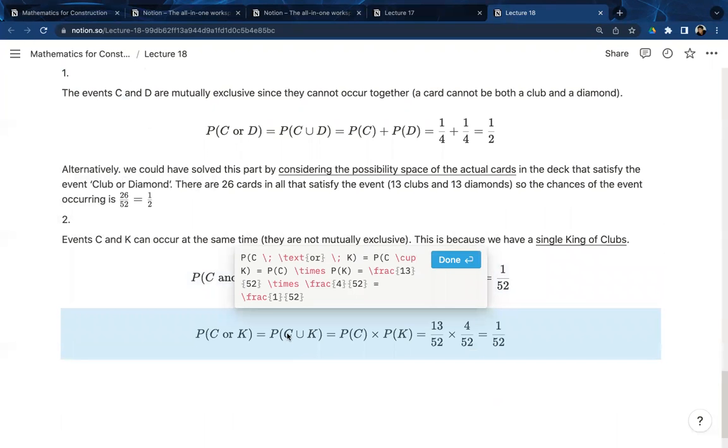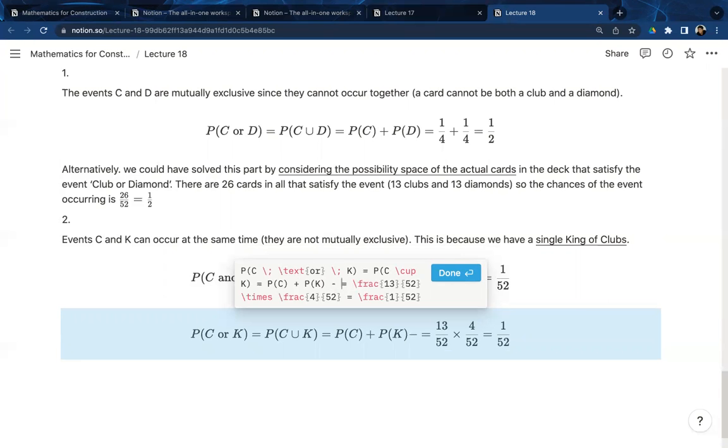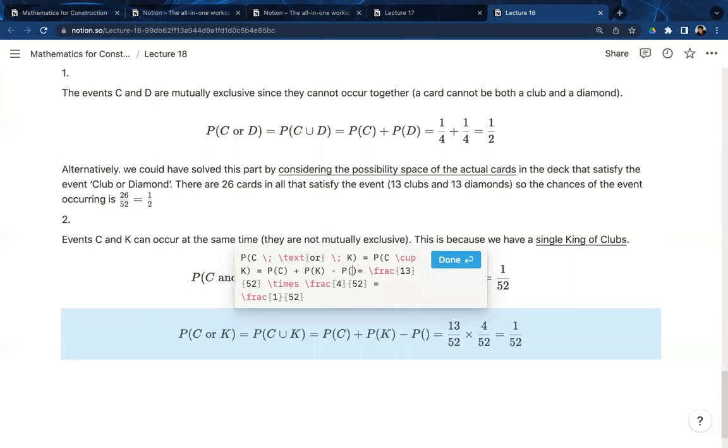King or club, or club or king, right? Symmetric, is the union. And what's the formula for the union? We add them and we subtract the intersection.